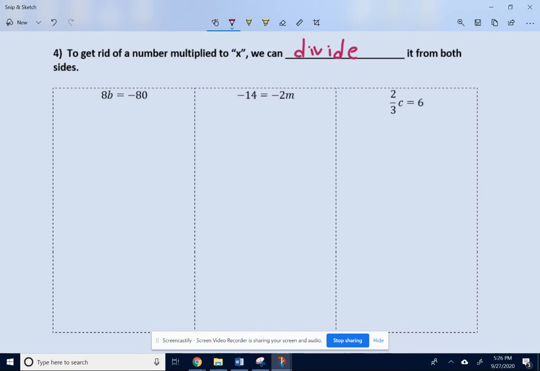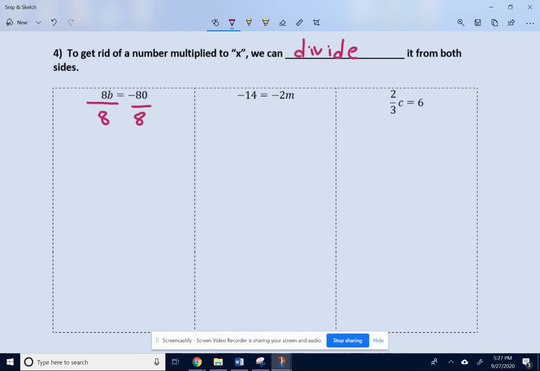So 8 is being multiplied to b. I want to get rid of the multiplied number. So to get rid of a multiplied number, I'm going to divide by 8. And I'm going to use a fraction bar to show division. I could use a division sign, but typically we would use a fraction bar to mean division.